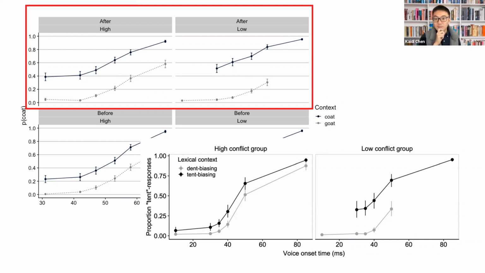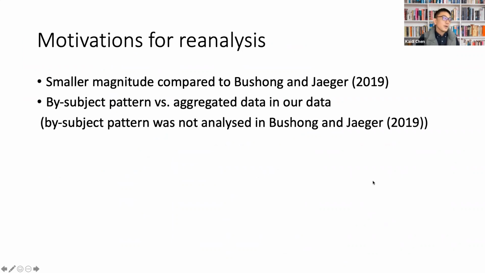Number 2 is our participants seem to show a binary pattern of responses, not so much the graded kind of responses suggested by the aggregated data, but their study did not look into the individual differences in this way. So we have the motivations for a reanalysis of their data. In our reanalysis, we spotted an error in the script, which actually contribute to the difference of the magnitude that we have observed. We don't have time to go over it, but if you have questions, we can do it in the Q&A sessions.